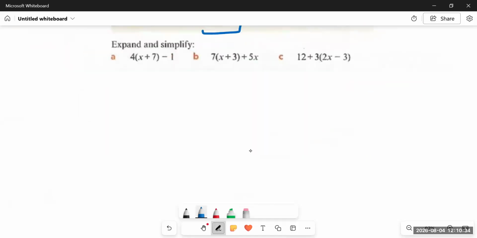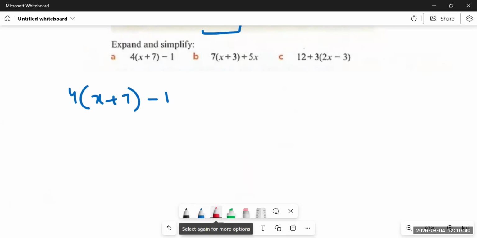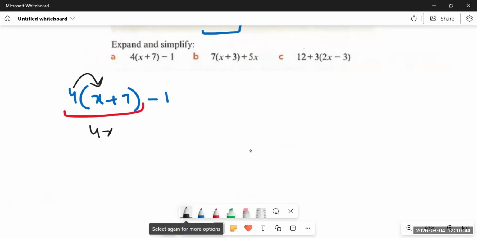If we talk about part A, we have 4 bracket x plus 7 minus 1. Minus 1 is outside, so let's solve 4 bracket x plus 7. It's going to be 4x plus 4 7s are 28 minus 1. Okay, now we will combine 28 minus 1 and the answer will be 4x plus 27.